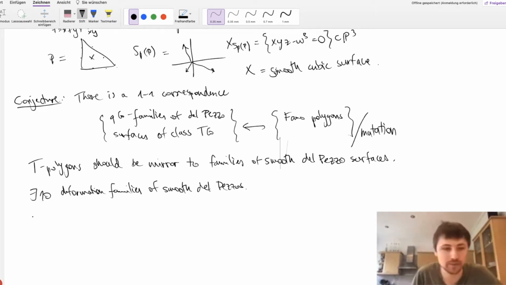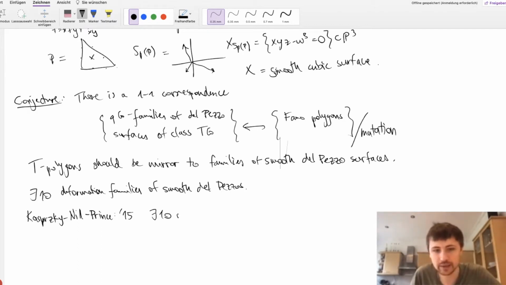And that turns out to be true. And that was proved by Kasprzyk-Nill-Prince, 2015, that there exist 10 mutation equivalence classes of T-polygons.